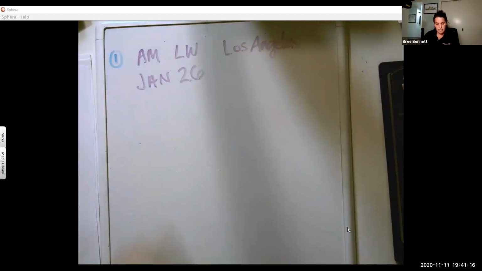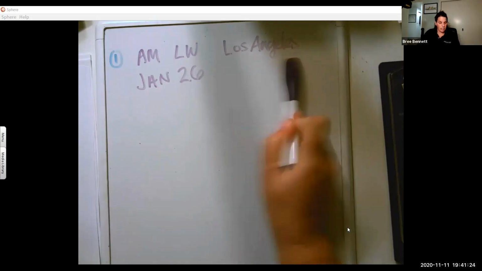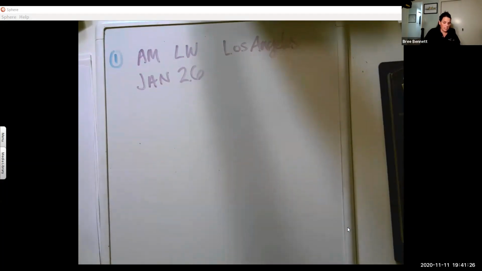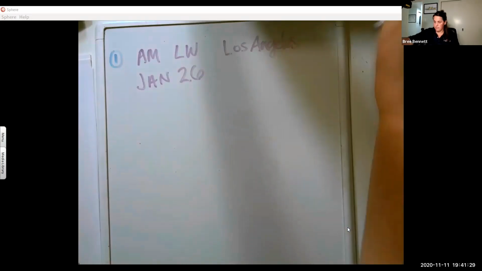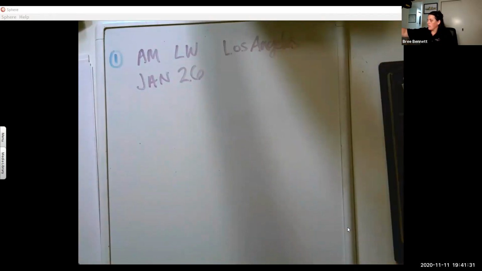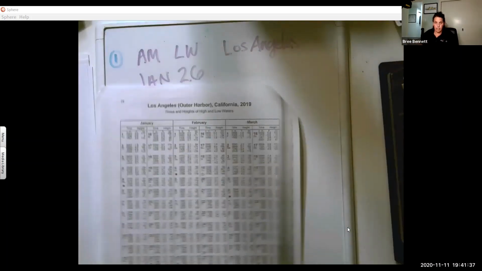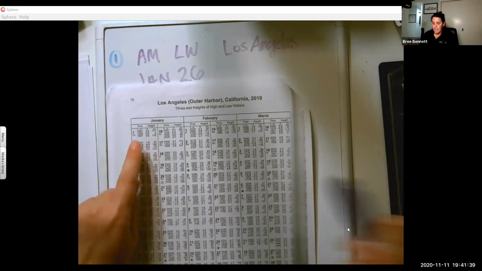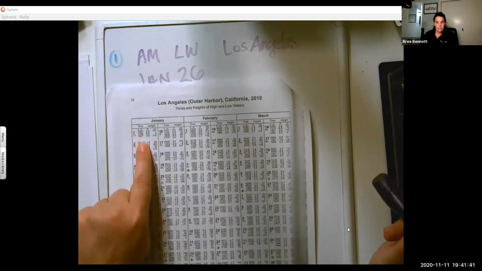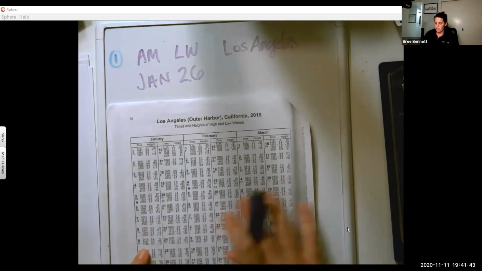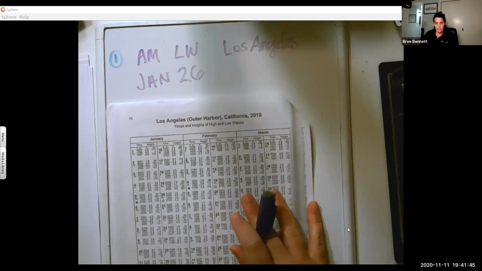If the charted depth is 10 feet, what is the actual depth at low water? So we're looking for Los Angeles Harbor. Luckily, well, not luckily, this is how we're easing into it. Our Los Angeles Harbor is a reference station, so it has all of the daily high waters and low waters. So we're looking for January 26th.